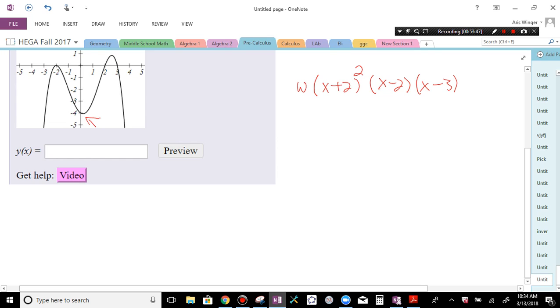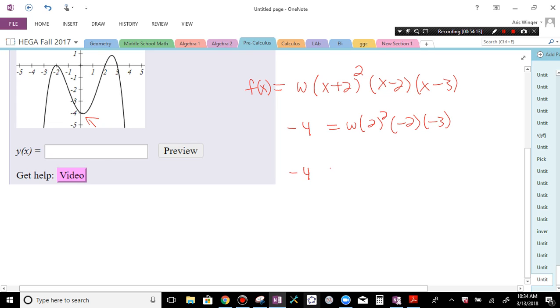We just figure it out like we did the other ones, right? So at 0 needs to be negative 4. And so if that's f of x, at 0, you're supposed to get omega times 2 squared times negative 2 times negative 3.